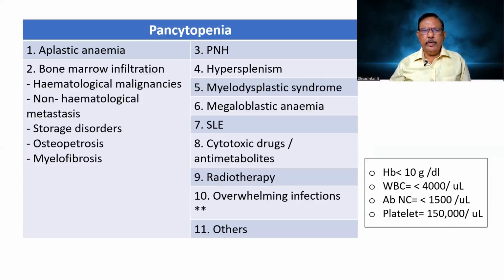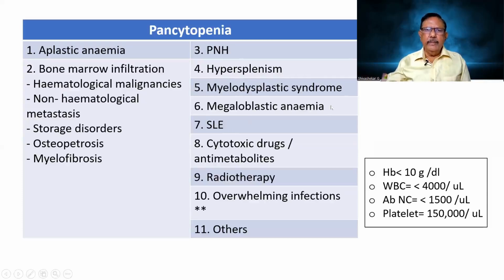I do not find the normal marrow elements, or these are being replaced by the foreign elements. Paroxysmal nocturnal hemoglobinuria. This is one condition where there might be a cellular marrow, but at the same time, I find that there is a hemolysis. Hypersplenism. There is a destruction outside. Myelodysplastic syndrome. We shall be seeing this shortly.